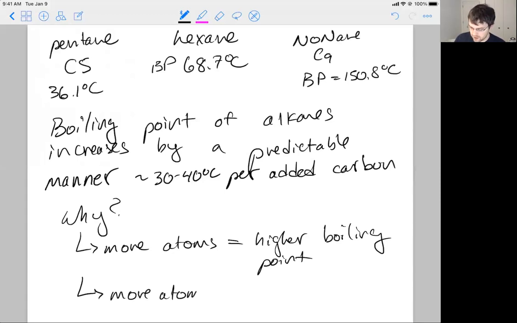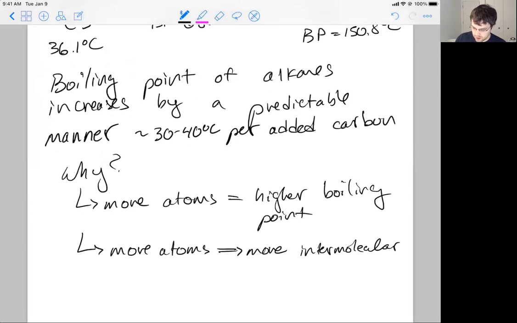More atoms leads to more intermolecular attractive forces. Intermolecular attractive forces. Okay, so this is a really important concept, intermolecular attractive forces.